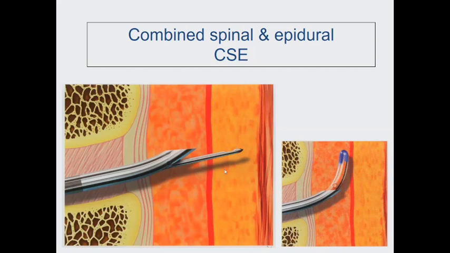The anesthetic is injected here into the spinal, and the pain decreases immediately. And then this needle is removed. The catheter is put through the epidural needle, and the needle is removed. The catheter stays in place, and through this catheter, the local anesthetic can be given for the whole labor, for several hours. It doesn't matter how much.